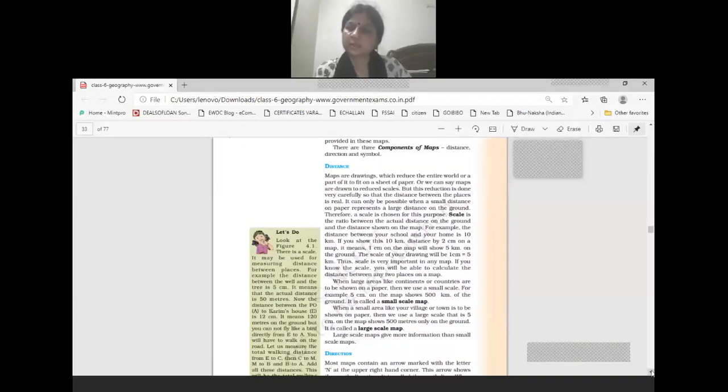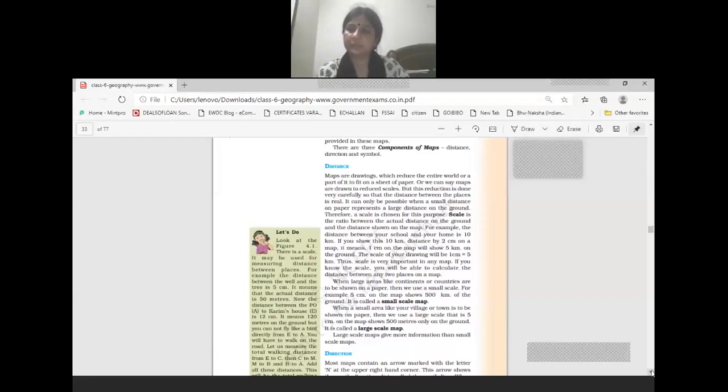Now we have seen the components of maps. We have discussed components also. In components, we have discussed distance. The first component of the map is distance, and we all know that when something is shown in a map, we use a scale because the actual thing is very big, but we show it on a small piece of paper.